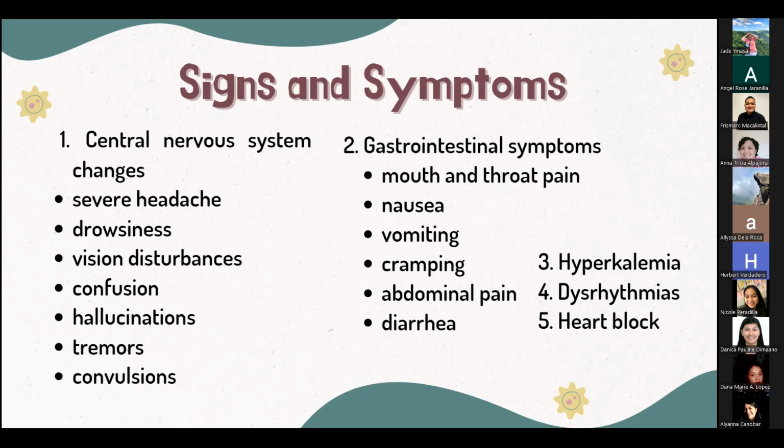So for the third one, we have the hyperkalemia, or the higher potassium levels, and the dysrhythmias, just like arrhythmias, it makes the heart not beat at the regular rhythm. And last symptom is that a person who ingested digitalis purpurea or foxglove may have a heart block.